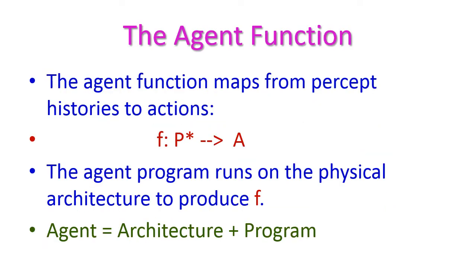The next one is agent function. Agent function is used to map the percept histories to the actions. All agents have a data set which contains the historical data, that is the perception histories of the environment.